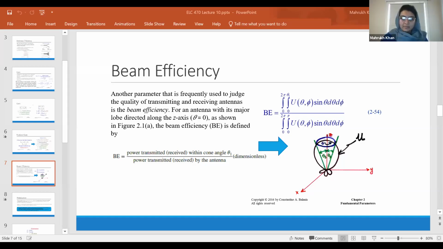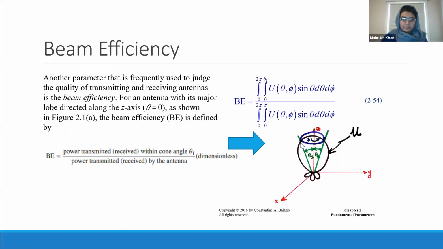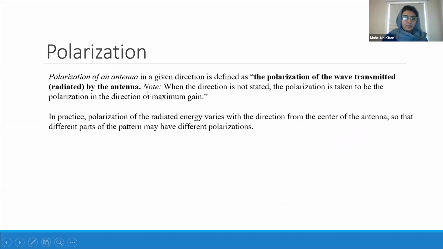Okay, so what is polarization? Polarization is a certain way the antenna is transmitting. The polarization of the radiated energy varies with the direction from the center of the antenna, and different parts of the pattern may have different polarizations.